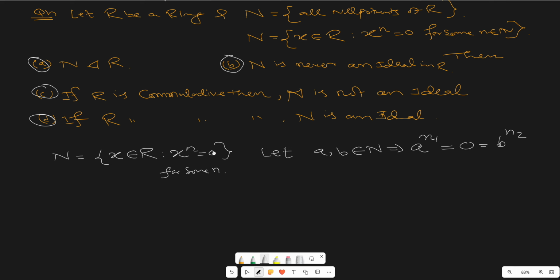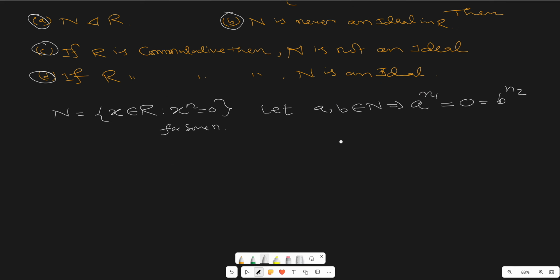So can you think of what you can say about a minus b? Can you find any n such that this is 0? If you can find, then you will be able to see the first property satisfied. But before that, you have to check whether a minus b to the power n is 0 or not.